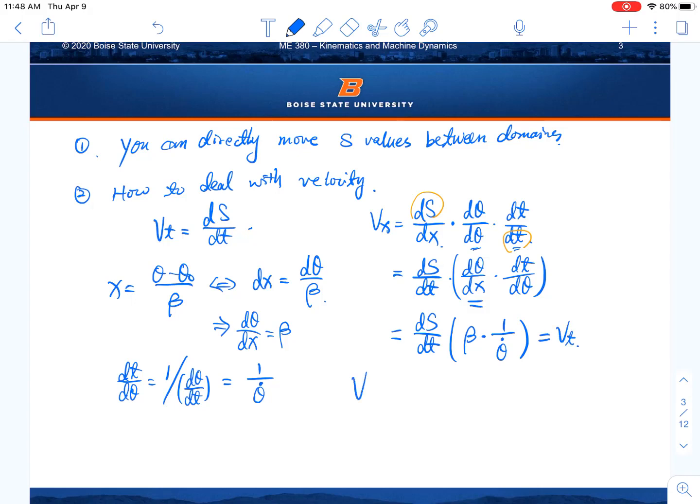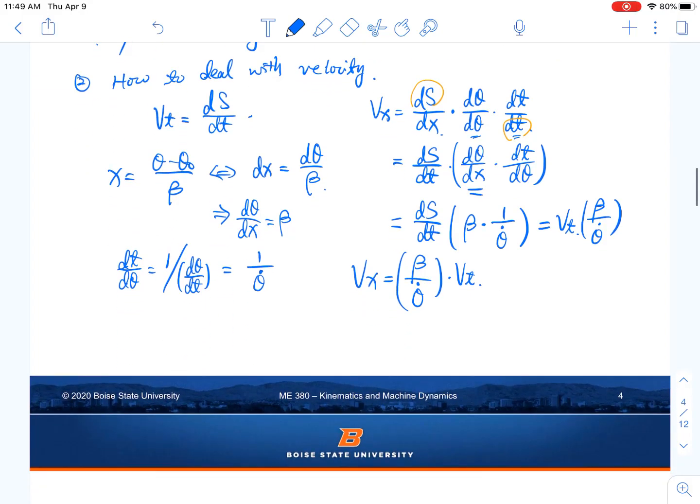Okay, so that means your Vx equals beta over theta dot times Vt. So that's how you convert the boundary conditions in time domain to x domain. All right, so if you don't remember all this chain rule, you just need to remember this relationship. That's how you deal with your velocity.